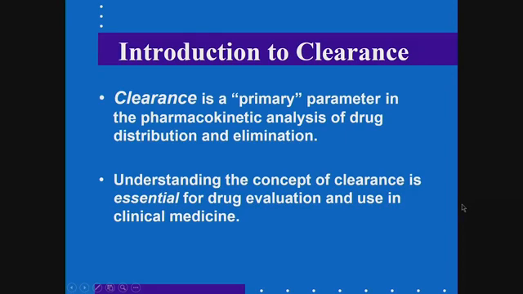So now let's discuss clearance as a primary parameter in pharmacokinetics. And of course, we need to understand clearance in the context of drug evaluation and use in clinical medicine.